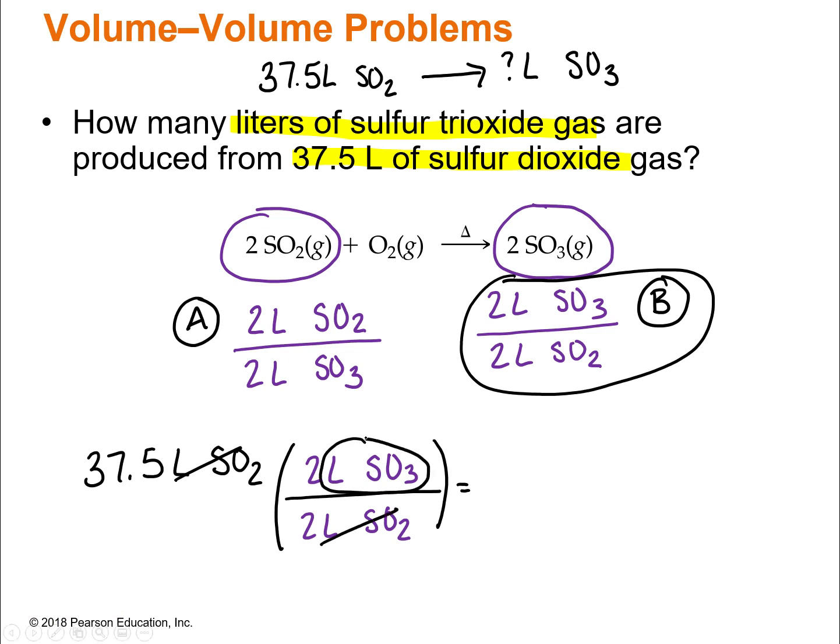And that's what we're looking for, liters of sulfur trioxide gas. Well, 2 liters over 2 liters, that's 1 over 1, right? So no math really necessary here. That's our final answer, 37.5 liters of sulfur trioxide gas.